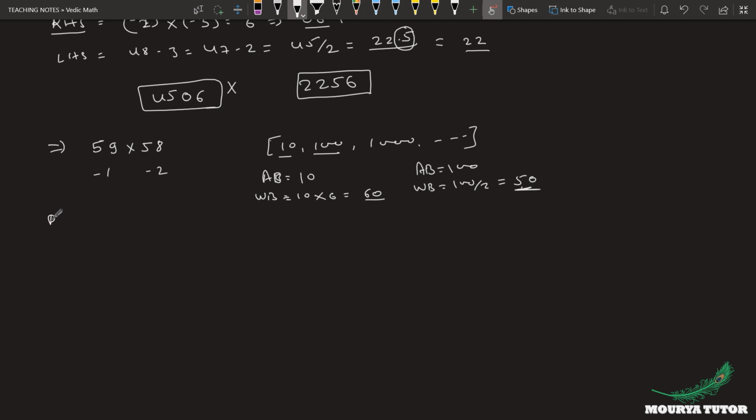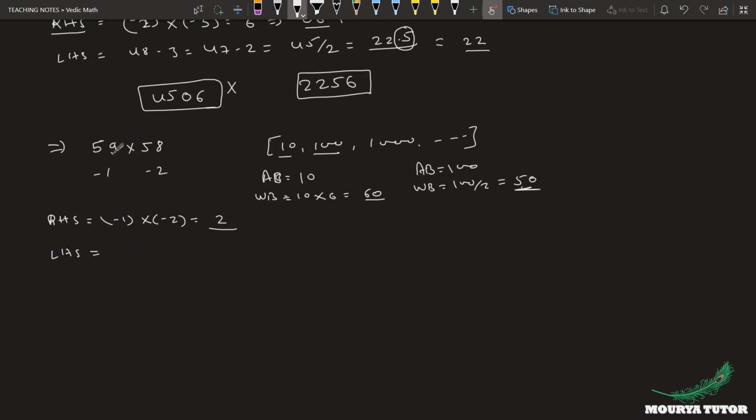Alright, now find out the RHS. RHS, just multiply the differences, minus 1 into minus 2, you will get 2, correct? Now the number of digits in the RHS should be the same as the number of zeros in the actual base. So the number of zeros in the actual base is only 1, so we need not do anything with this 2.